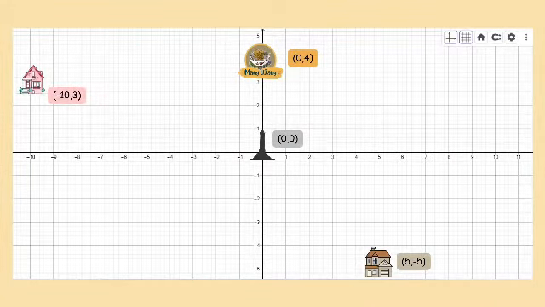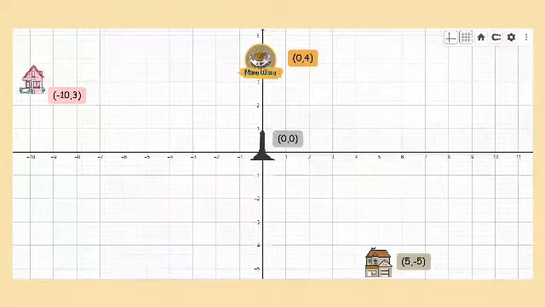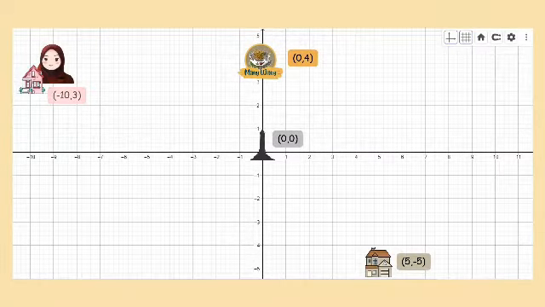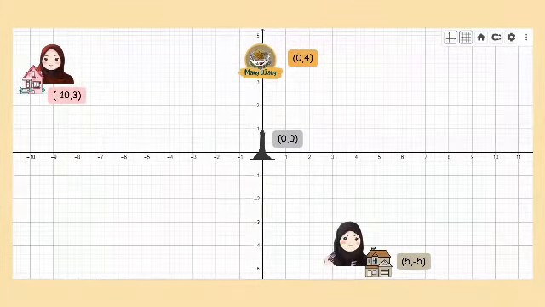Kurnia has to choose to meet at Dilvi's house or at Mang Ujang's eatery. Which do you think is the closest? Let's calculate it using the Cartesian coordinate system. Dilvi's house is at point (-10,3), while Kurnia's boarding house is at point (5,-5).